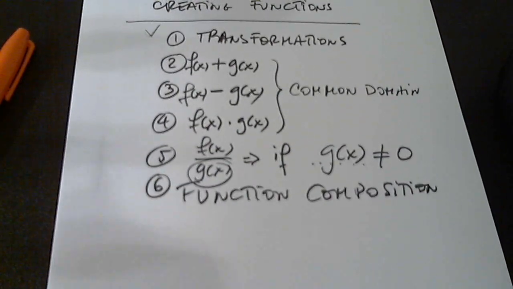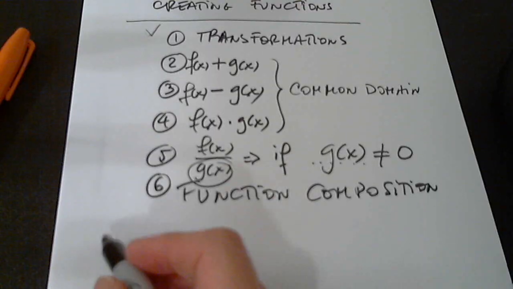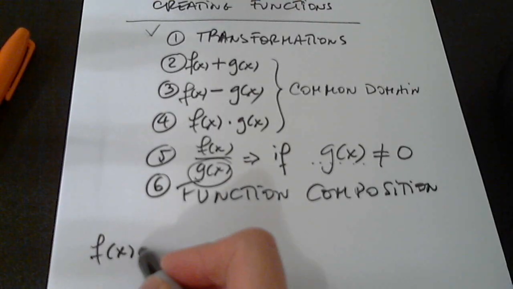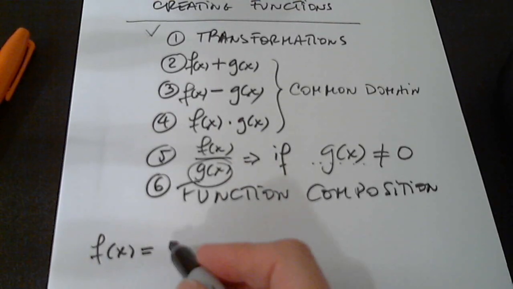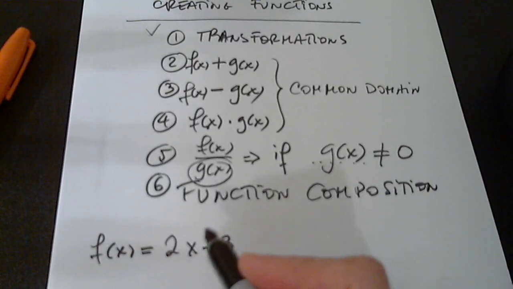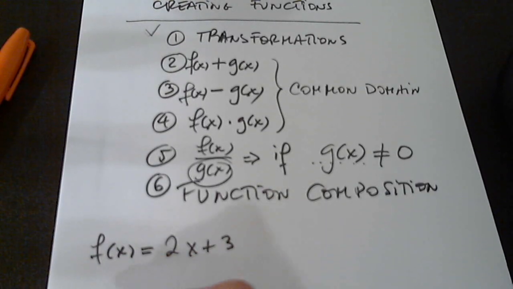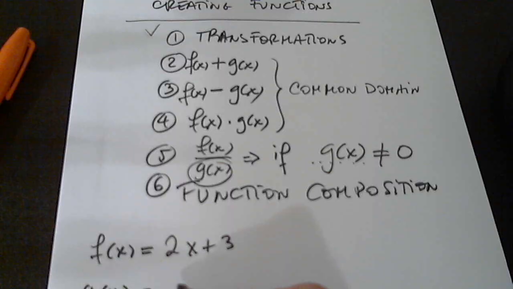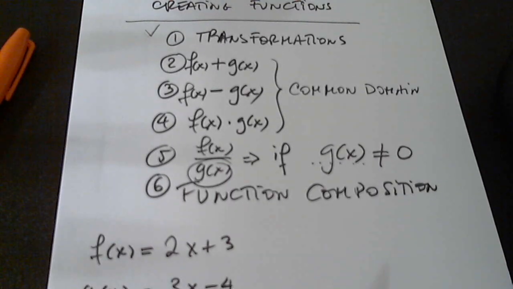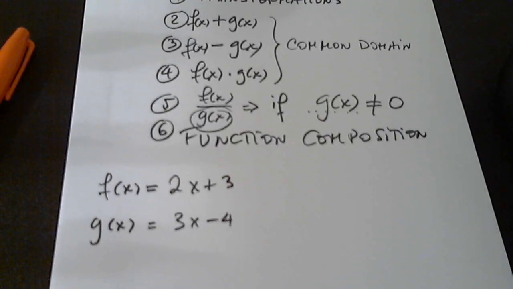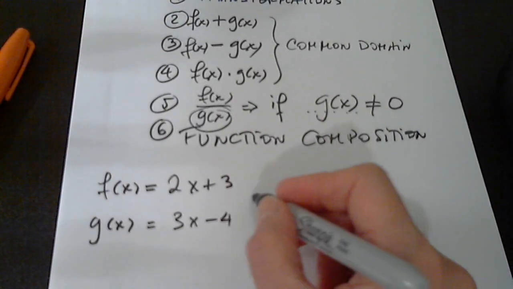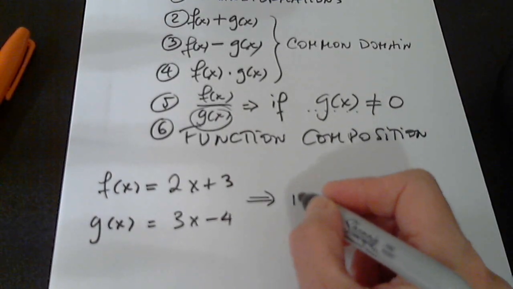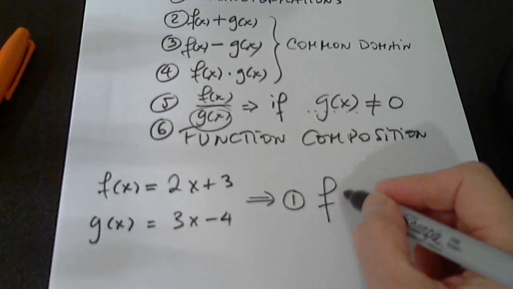Okay, so let me give you an example. Let's say I start with f of x. Let's say f of x is very simple, 2x plus 3. And let me say that g of x equals 3x minus 4. Very simple situation. So can I, from here, create a function which is the sum?